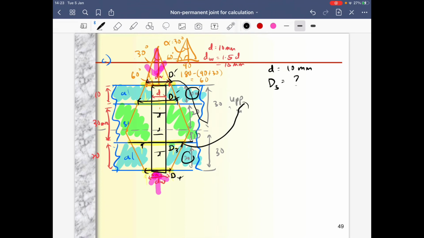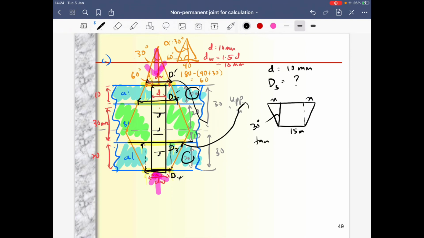This is D3, with the same 30 degree angle, and this is 15 mm. You want to know x and x.